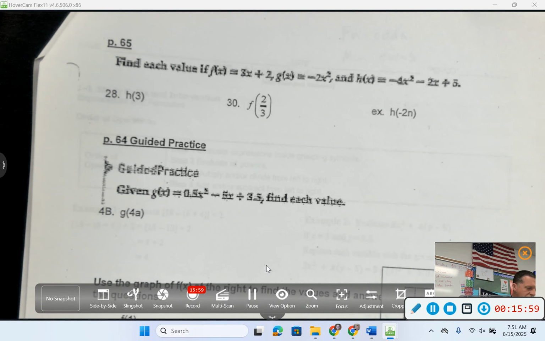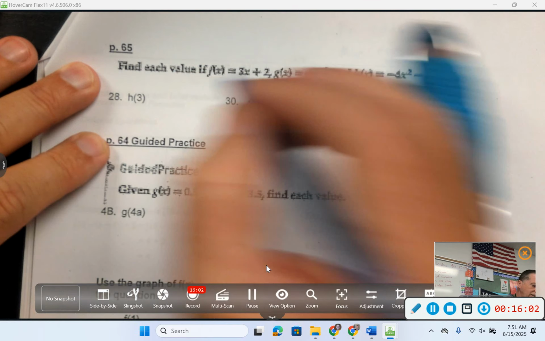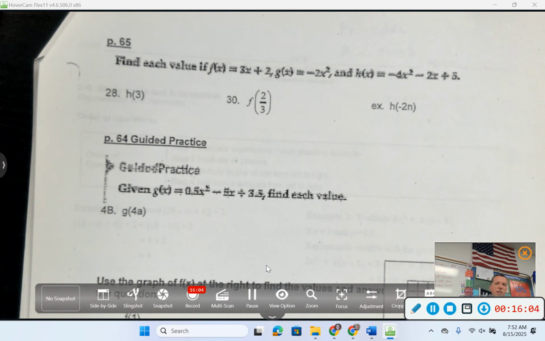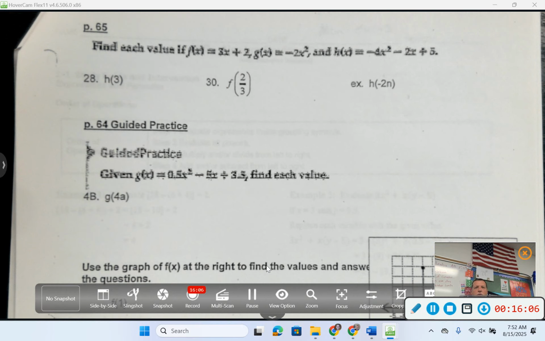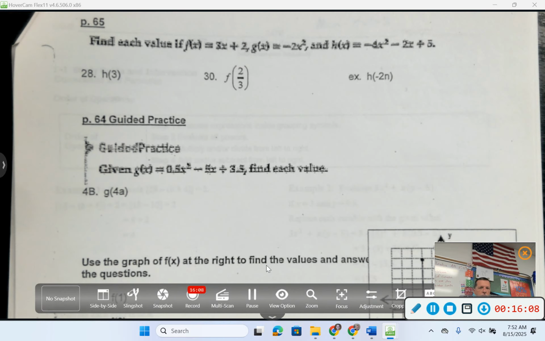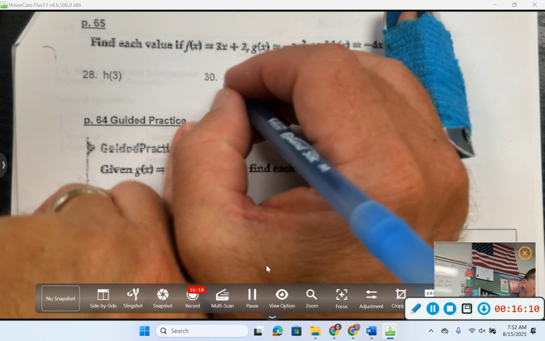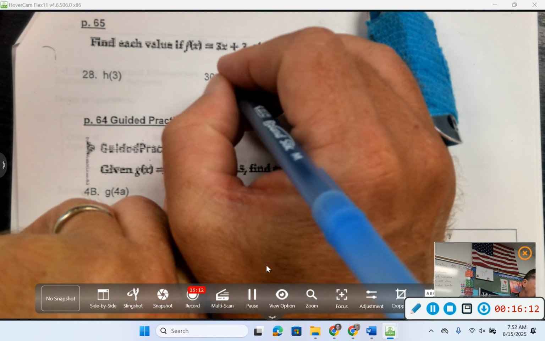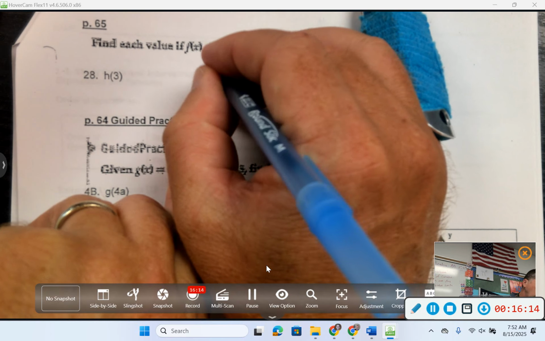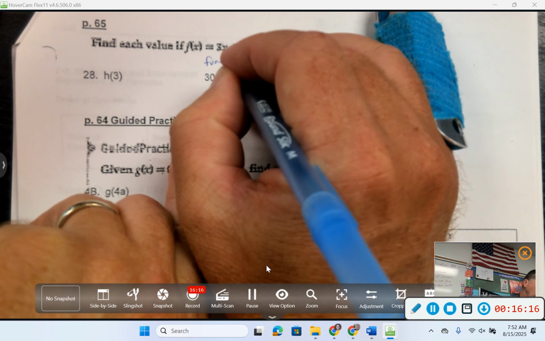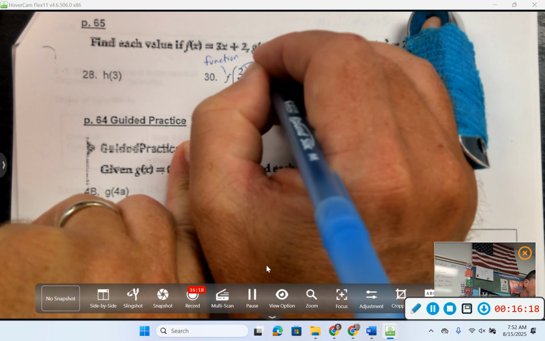Let's skip 28. That looks easy. Let's do number 30 because it's a fraction. f of 2/3. So that means I'm going to make sure I use the f function. That tells me which function to use. That's the name of the function. And the 2/3 is the input that I will use.